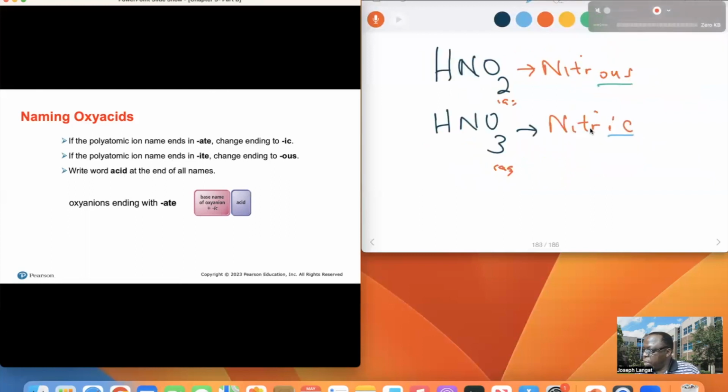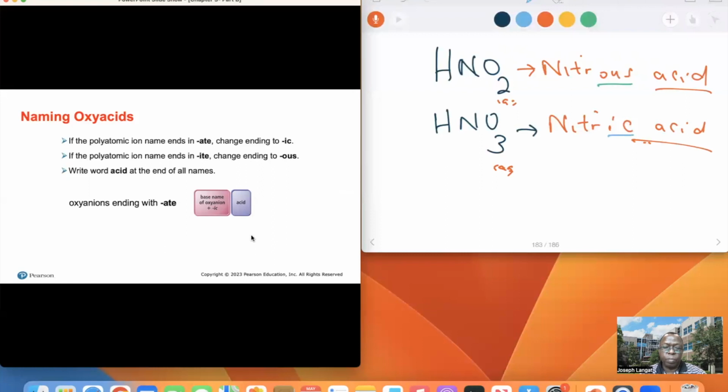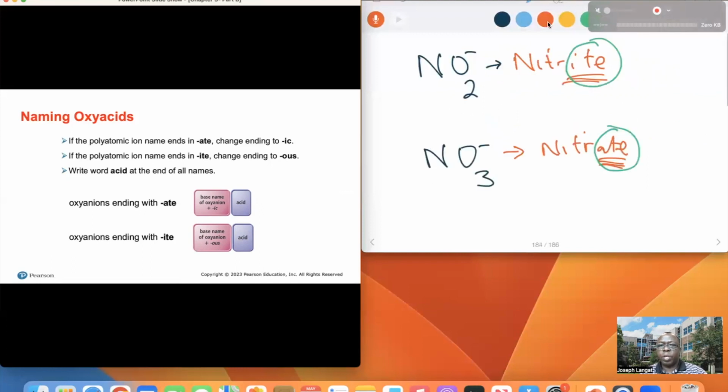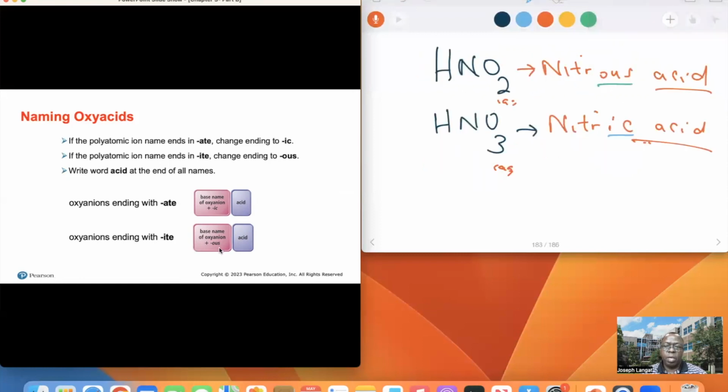And then the word acid: nitrous acid, nitric acid. Oxyanion ending with ITE, we end with OUS. You see, this is because we have the polyatomic ion nitrite, so this will be nitrous acid. It follows also with the rest, okay?